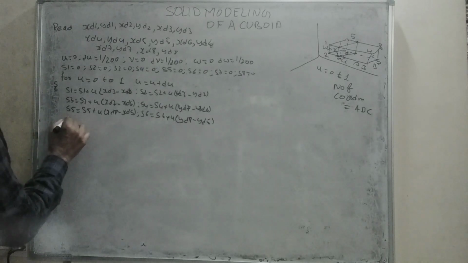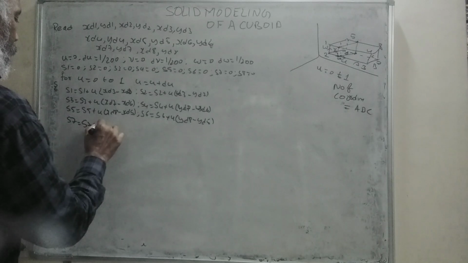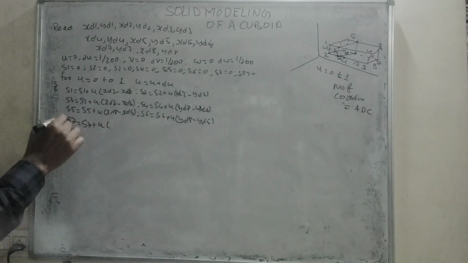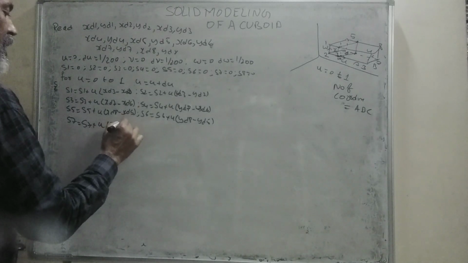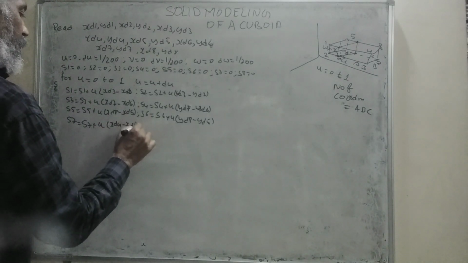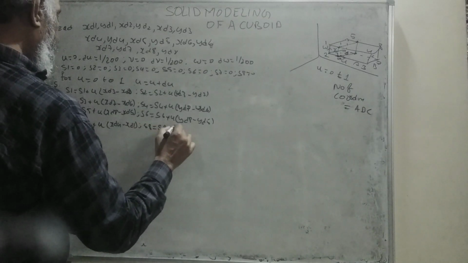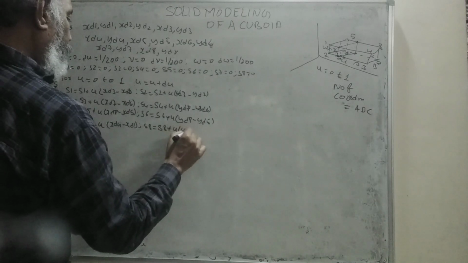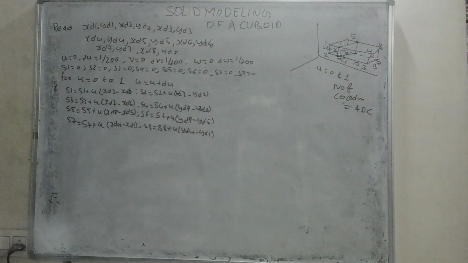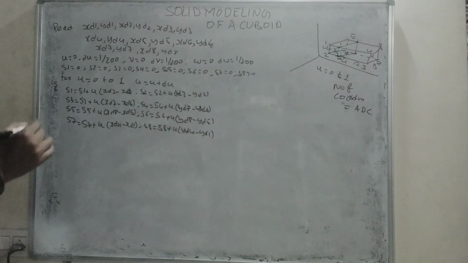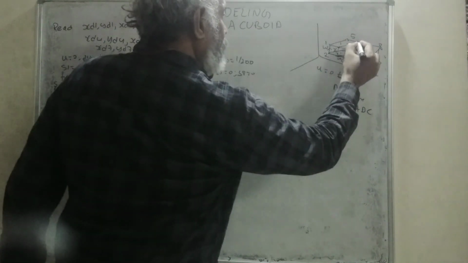And lastly, S7 is equal to S7 plus u into what is remaining, XD4 minus XD1. S8 is equal to S8 plus u into YD4 minus YD1. So this is 4 coordinates here already. Now what we are trying to do is to draw a plane like this.